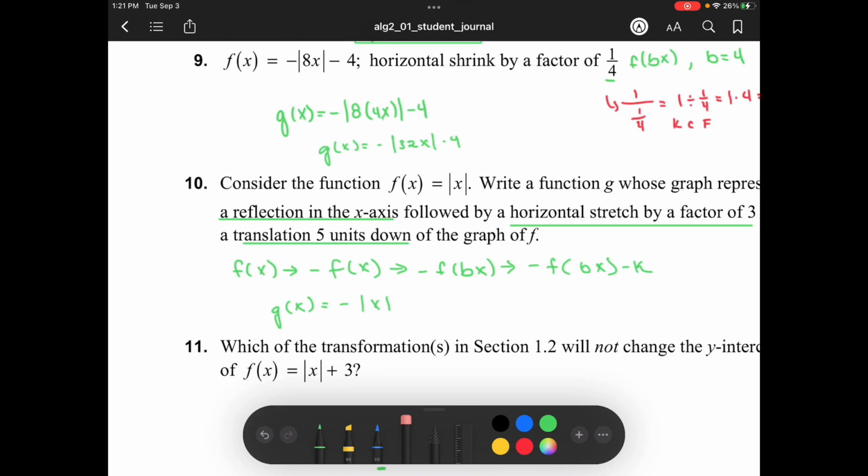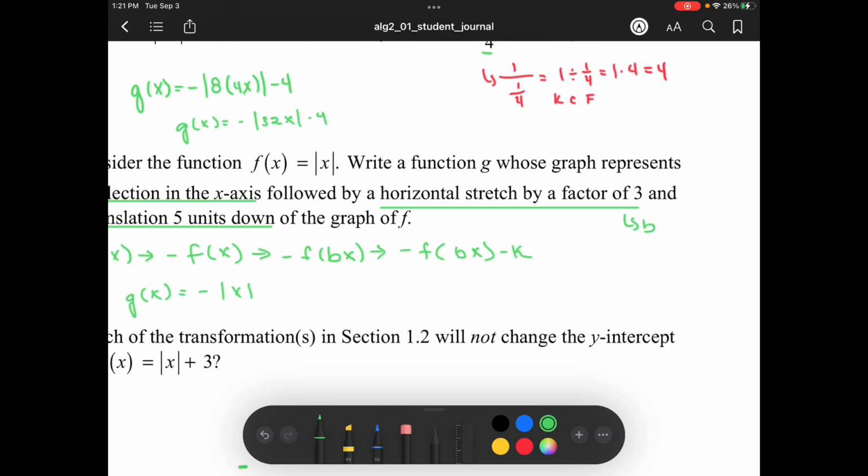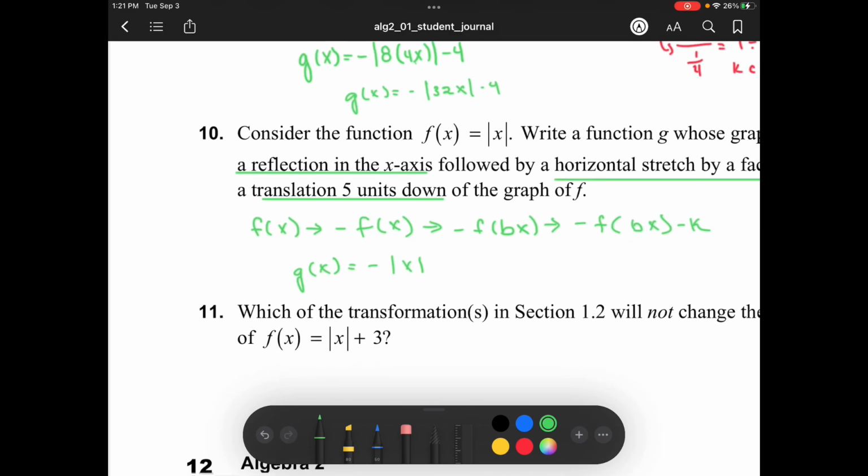Then I know that I have to do my horizontal stretch by a factor of 3, which means that my b is equal to 1/3. So this is going to become 1/3 right attached to my x. And then I'm moving 5 units down, so I'm going to subtract 5 because we're going 5 units down. Okay, and that is my solution. That's it.